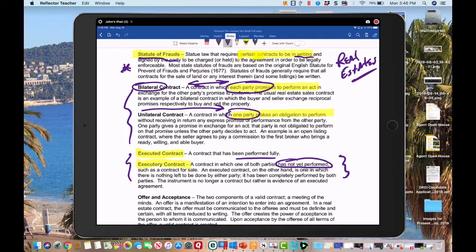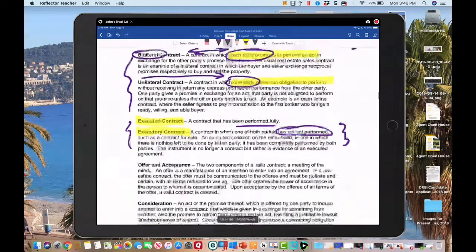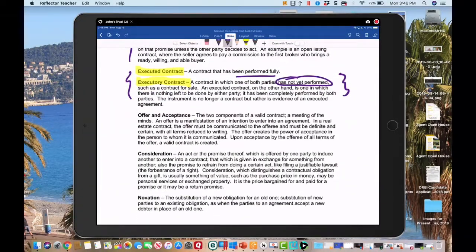It could be subject to financing. It could be subject to a building inspection. It could be subject to the buyer's home closing. But it is still in what we call an executory state.